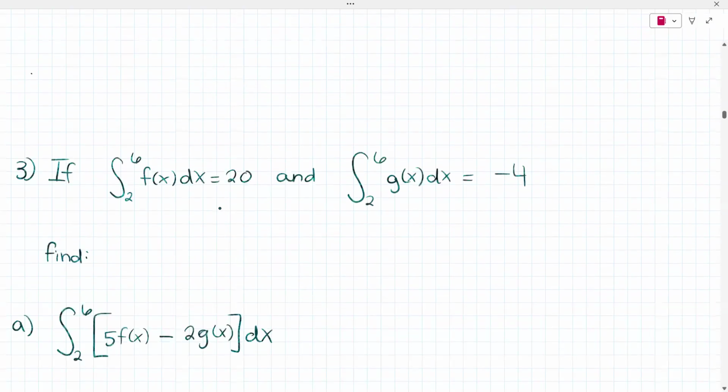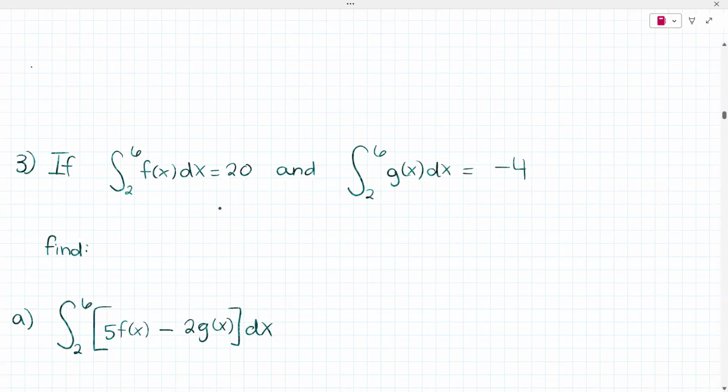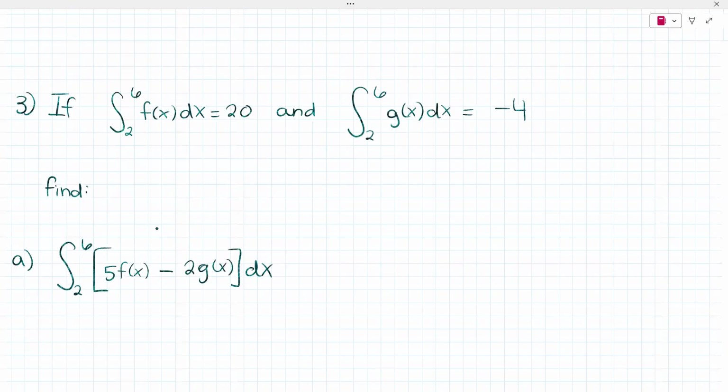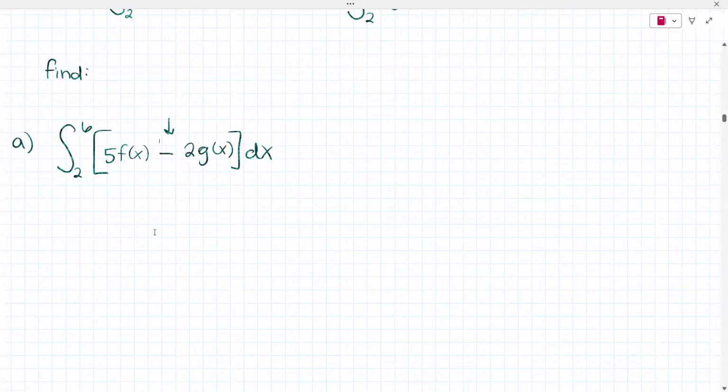Okay, let's move on to 3. If the integration from 2 to 6 of f of x dx equals 20, and the integration from 2 to 6 of g of x dx equals -4, find the integration from 2 to 6 of 5 f of x minus 2g of x. Since there's a minus right in the middle, we can write it as two separate integrations, right?